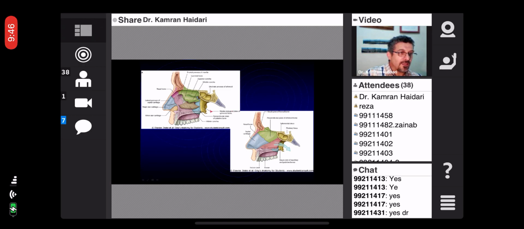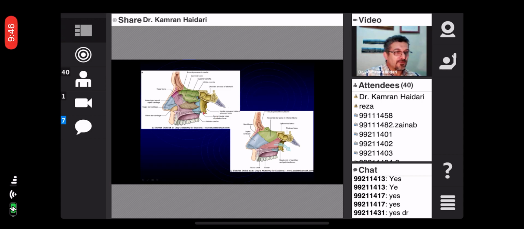But as you see in this picture, the superior and middle concha are related to the ethmoid bone. They are not separate bones, not like the inferior concha. The inferior concha is a separated, individual bone. We have a right and left inferior concha bone.